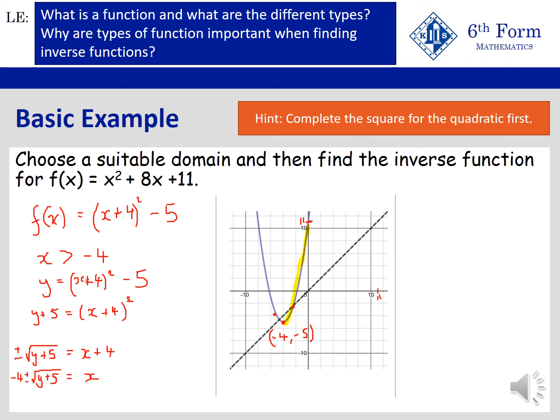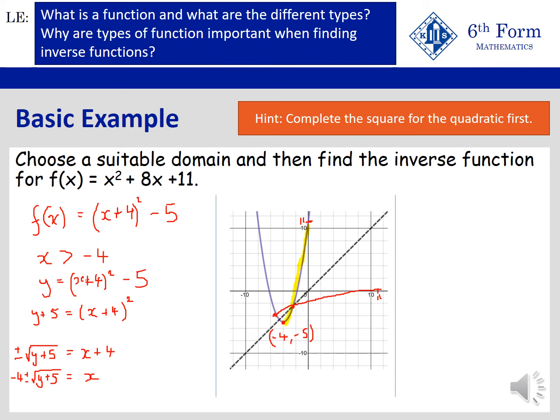So we're going to end up with our curve doing something along these lines. So that looks like a positive square root curve to me, so we're going to have to choose the positive value.